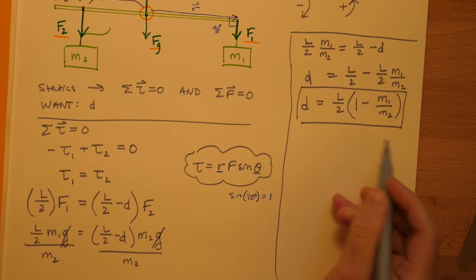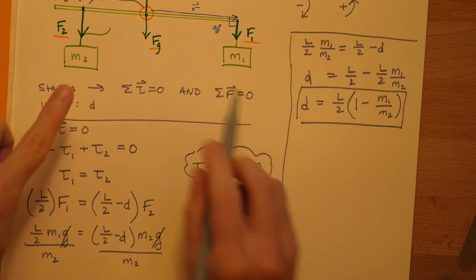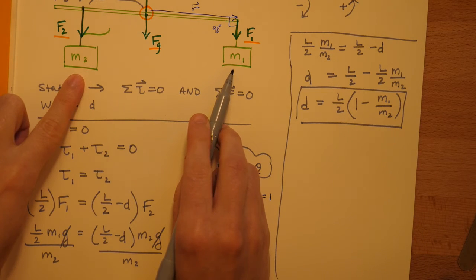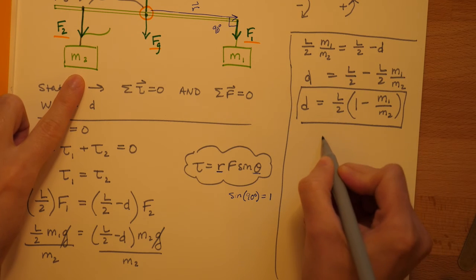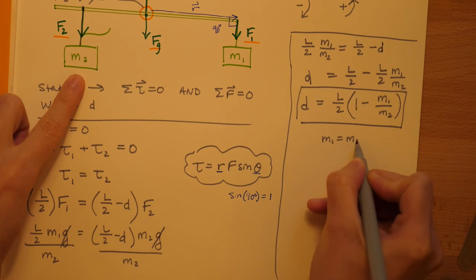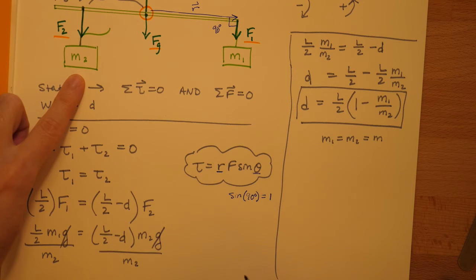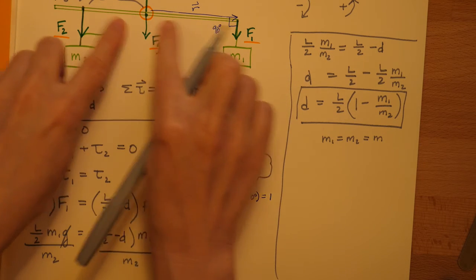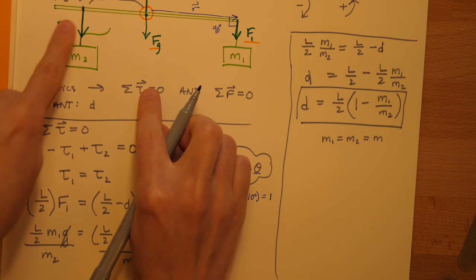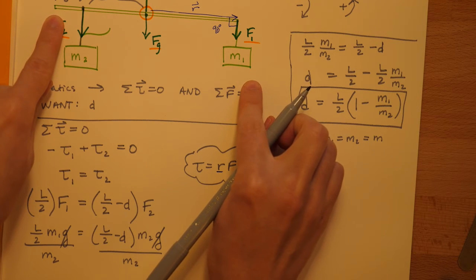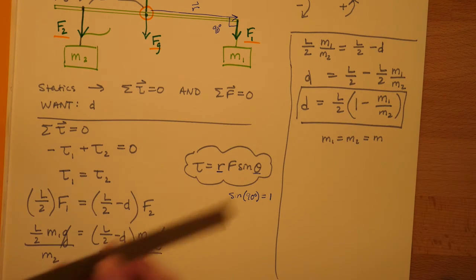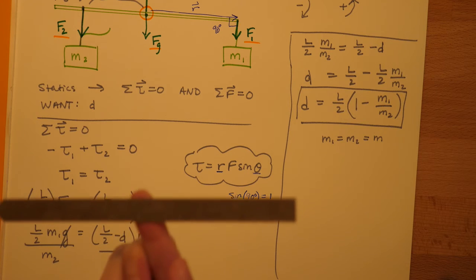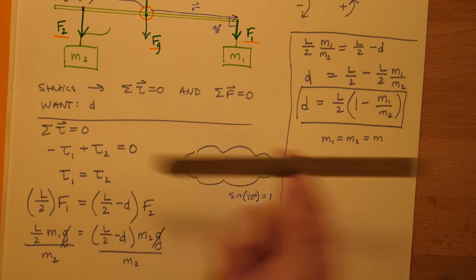So now we can look at it and see if it makes sense. Suppose m1 was equal to m2, and let's just call that m. If they were the same, how far would you expect m2 to be placed so that this would balance? Well, you know from experience that if you have something with mass and you put your finger in the middle, you can balance it.